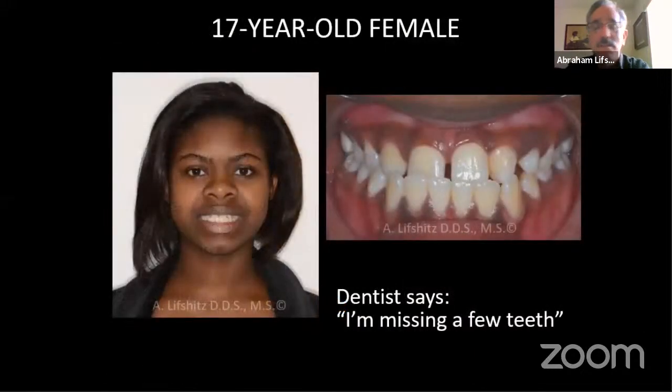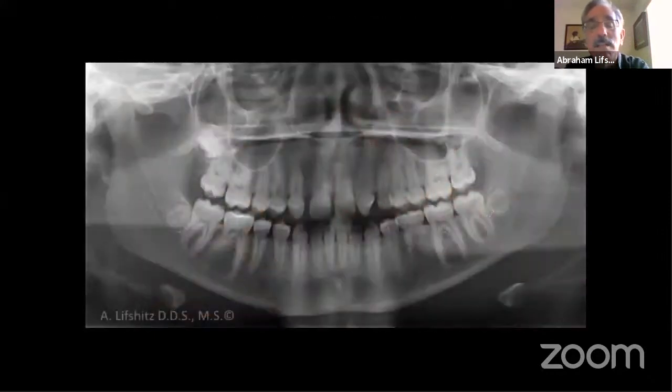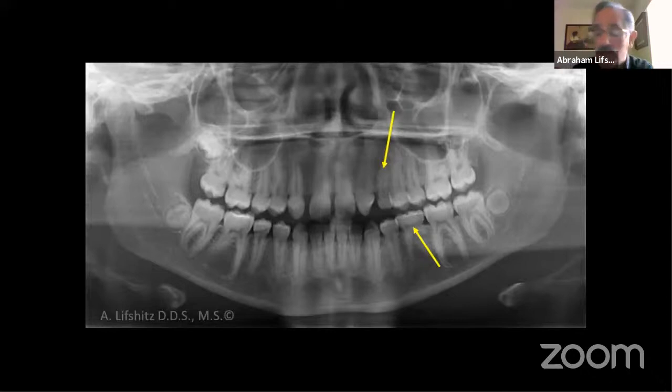So a patient comes to the office. She's a 17-year-old female stating that her dentist told her that she has a few missing teeth. Upon clinical examination and on radiographical examination, on the X-ray, she has retained primary teeth: a retained primary upper left canine and the lower left second deciduous molar.